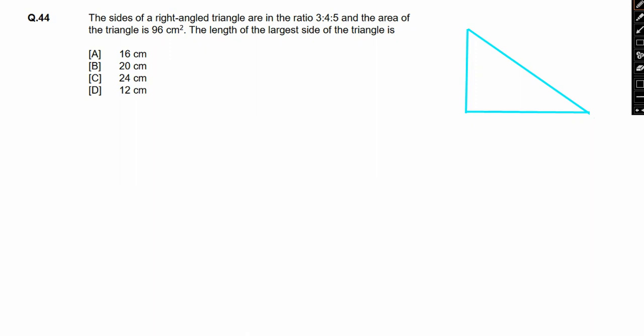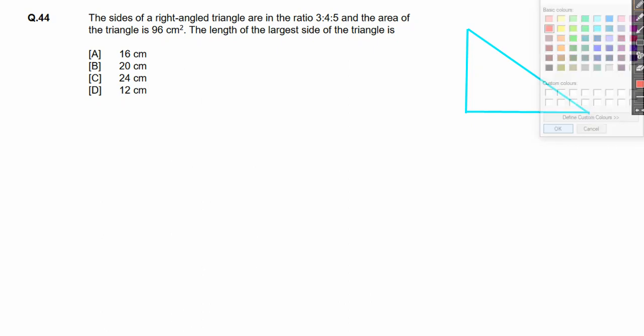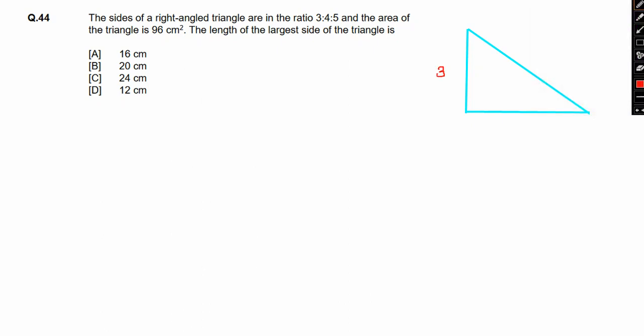Okay, so this is our triangle. Say this is 3x, this is 4x, and hypotenuse 5x.